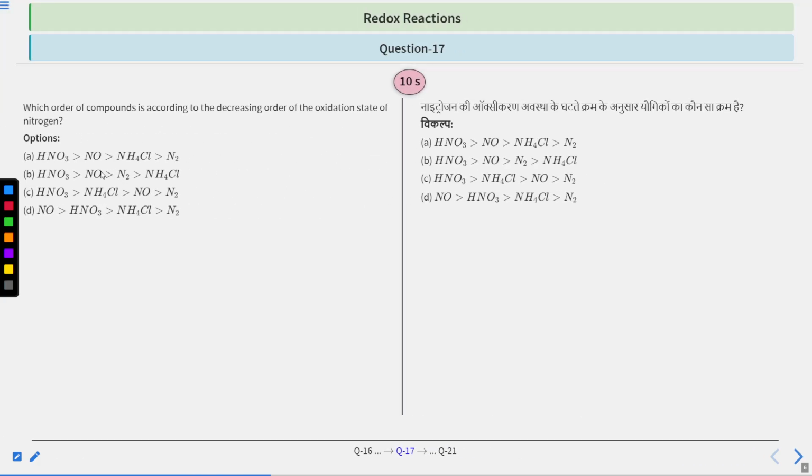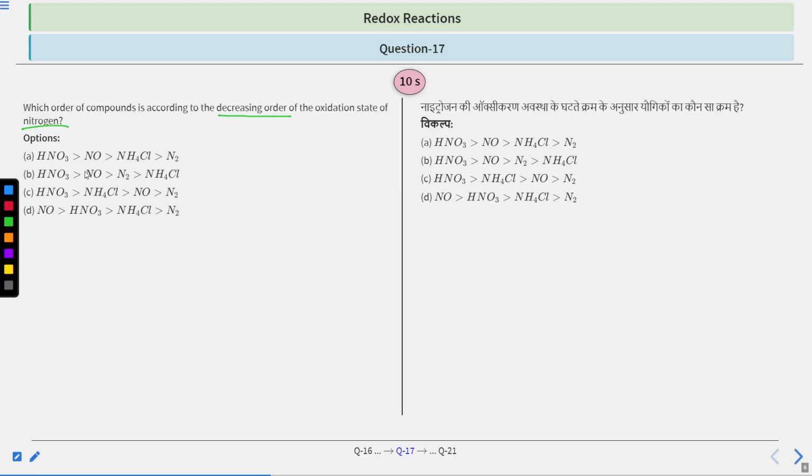Question number 17. Which order of compounds is according to the decreasing order of oxidation state of nitrogen? Options are: lowest in N2, then NH4Cl, then NO, and highest in HNO3.